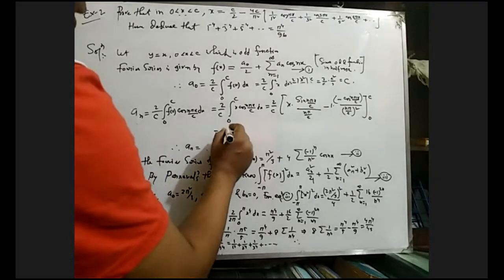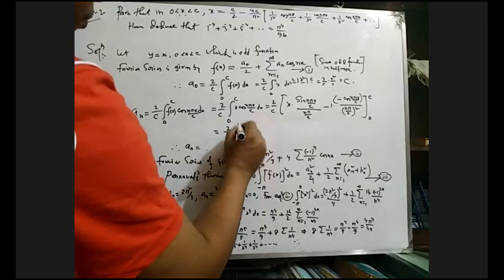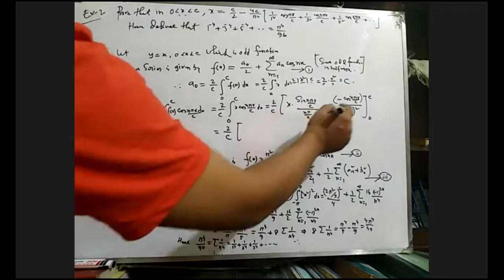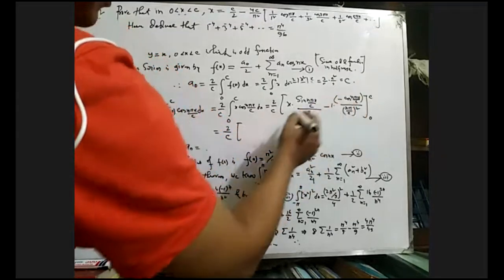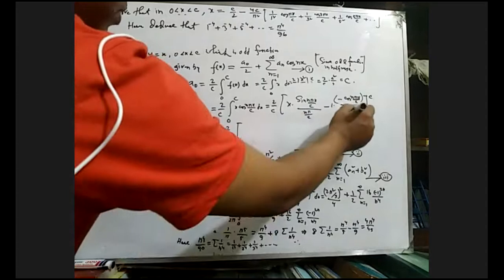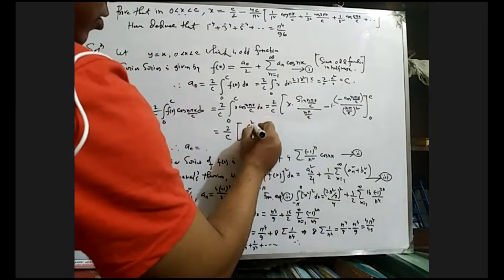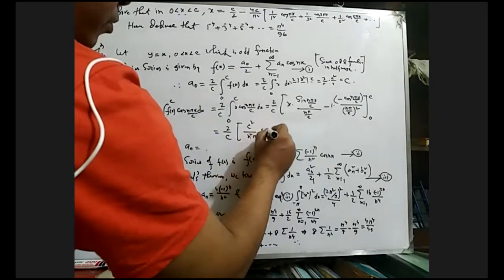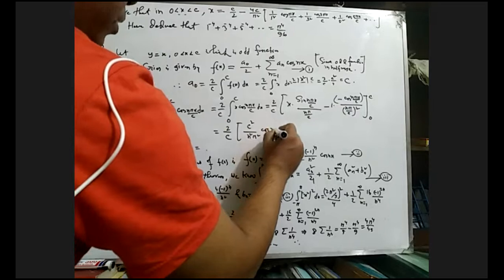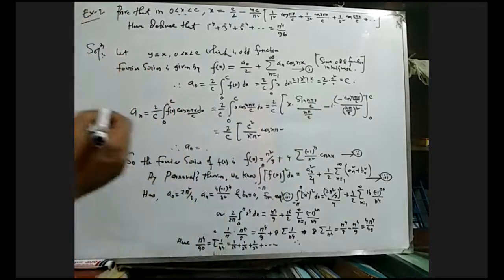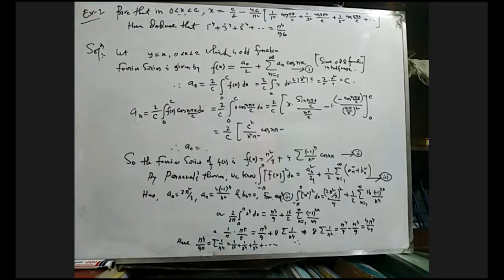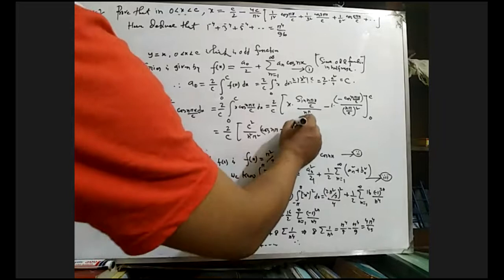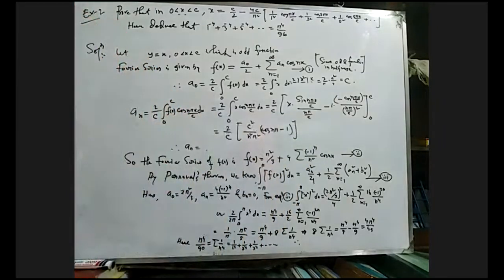So for this we can write 2 by c, with minus minus plus, in reverse, c square by n square pi square, cos n pi minus, putting 0, minus 1. So we get this value.